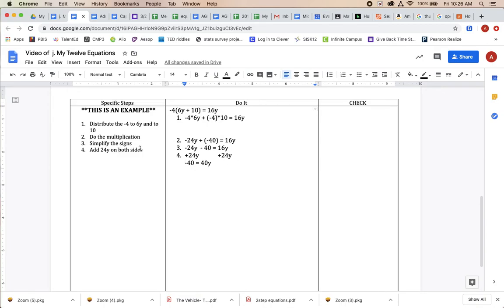Cool. So now that I have a number equaling a variable term, right? These are like I have -40 coins on this side, and I have 40 pouches on this side. So I don't want to know how many coins are in 40 pouches. I want to know how many coins are in one pouch. So now I need to split up these -40 coins evenly into 40 pouches, right? So how do I do that? Well, I'm going to divide each side by 40.